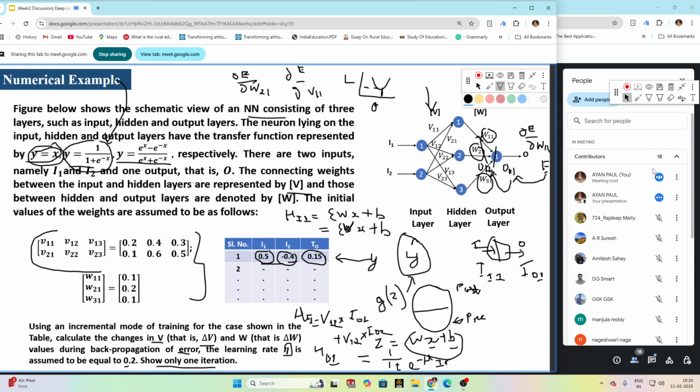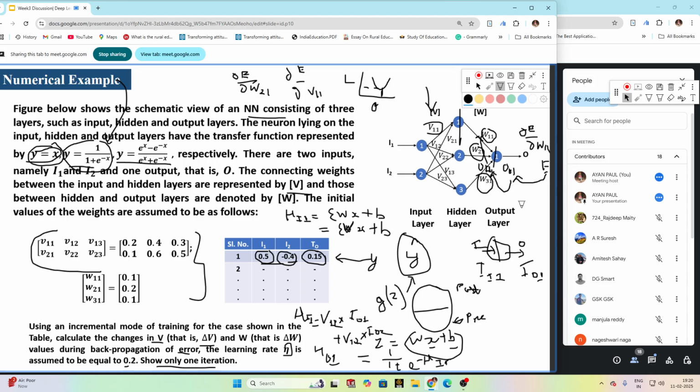First we have to go from E to OO1, from OO1 to OI1, from OI1 to HO1, and then HO1 to HI1, and then from HI1 to V11.